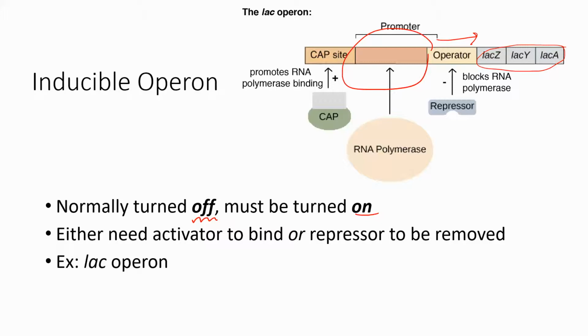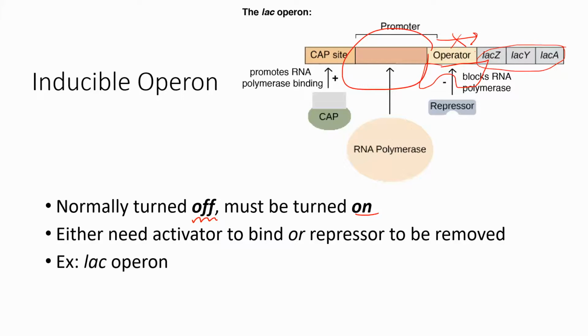Without mRNA, you're not going to make any proteins. However, even though an RNA polymerase can bind to the promoter, it has to be able to pass this region called the operator. If it is blocked by the operator, say if there is a large repressor molecule bound here, then RNA polymerase is not going to be able to pass by, and it's not going to be able to transcribe the DNA for LacZ, LacY, or the LacA enzymes.